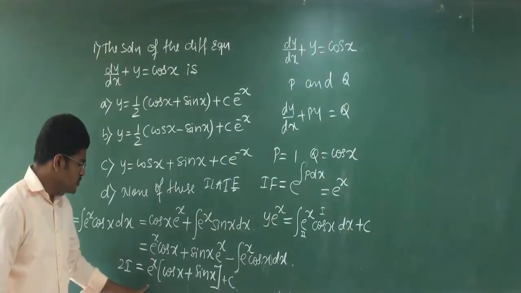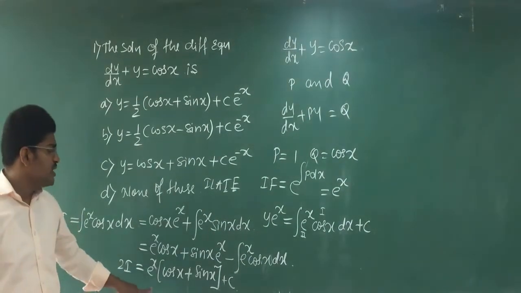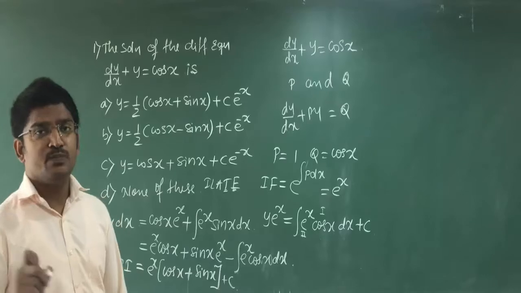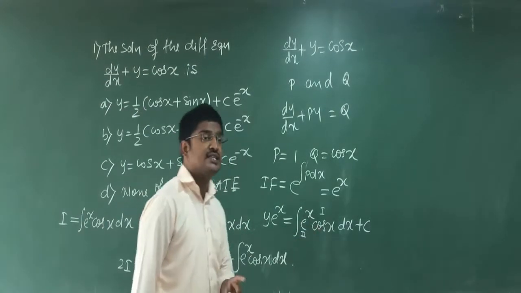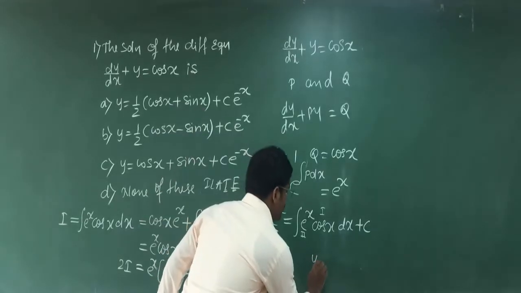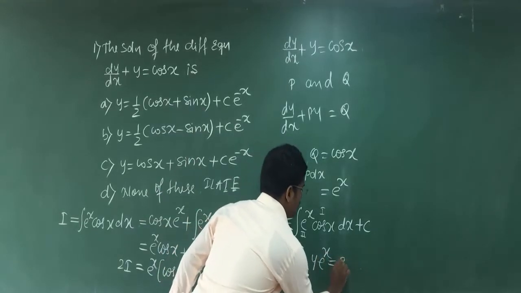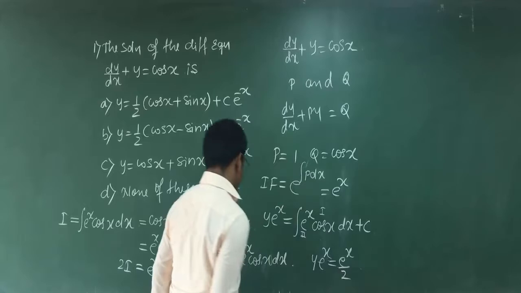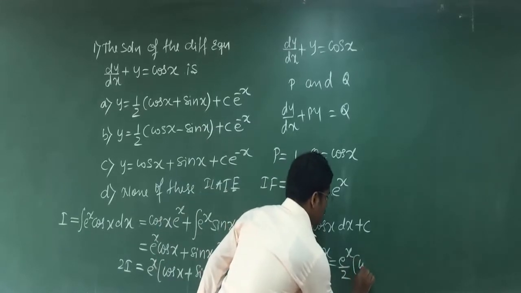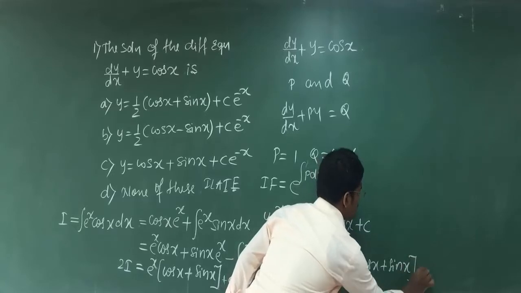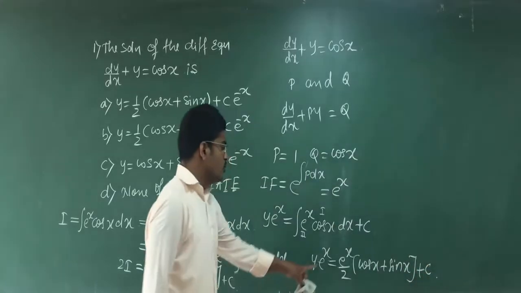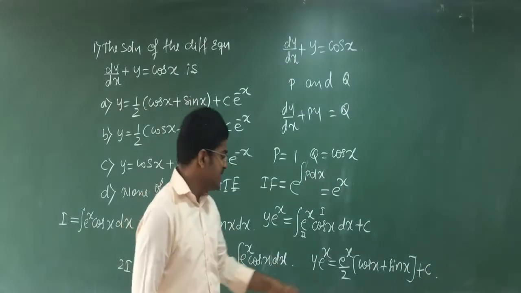So now if you take 2 on this side, it will be e power x divided by 2 into cos x plus sin x. So in the place of the integral, what you can write? y into e power x equal to e power x divided by 2 multiplied with cos x plus sin x plus c. So both sides you have e power x, that is common.